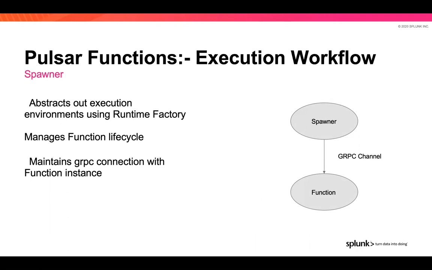Each one knows how to take the metadata given in that assignment and spin up a corresponding thread, process, or Kubernetes pod. Additionally, it maintains an open gRPC communication channel, so it can do updates, monitor the state, and make sure that it's alive and running.